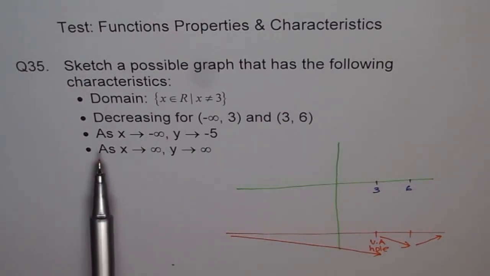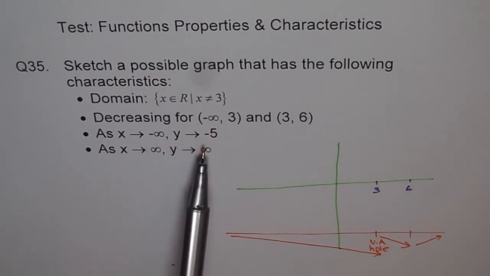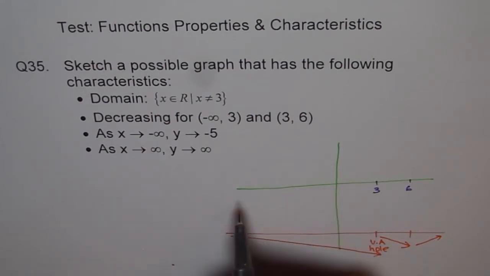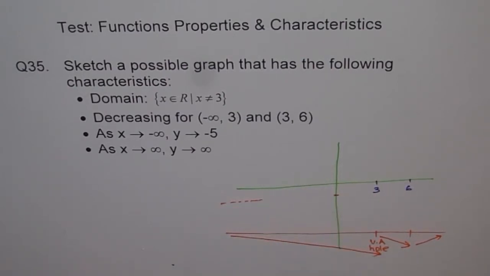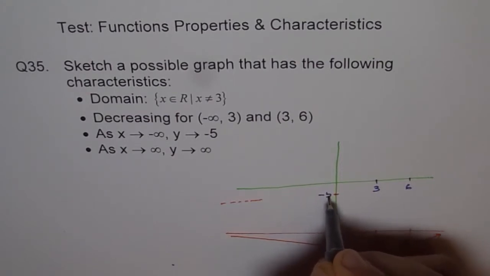Now as x approaches minus infinity, y approaches minus 5. That really means that there is a horizontal asymptote, right? So we'll assume minus 5 to be here, okay? And we'll say this is minus 5. For the time being, I'll write minus 5 here.